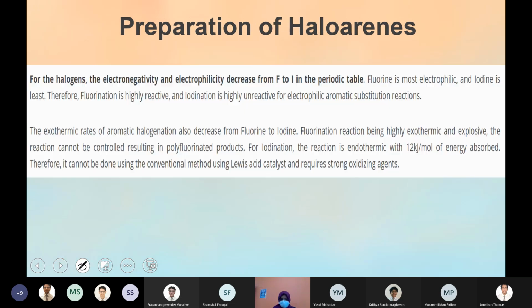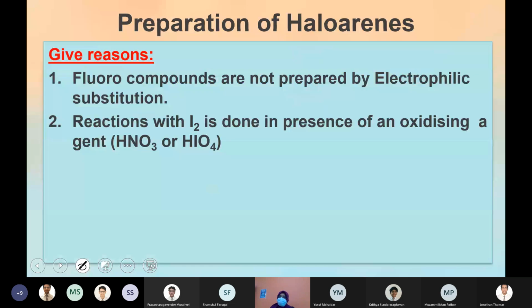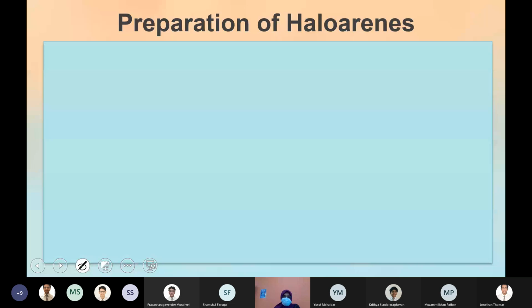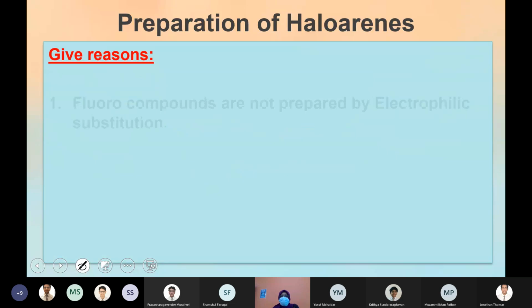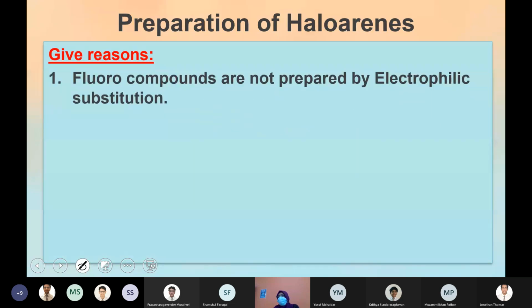So, what do you think? That means this method, what we discussed, electrophilic substitution, X2 can be either chlorine or bromine. You can't take fluorine. That is the first question. Why? Fluoro compounds cannot be prepared by this method.